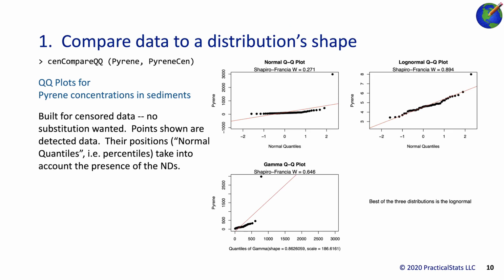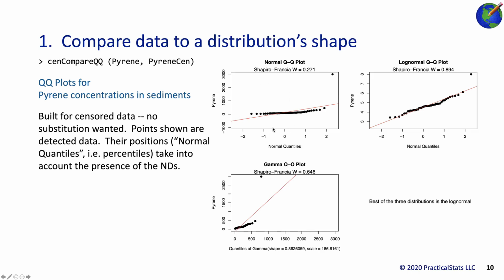It's plotting dark circles here for the detected values, but the positions of those on the plot are affected by the nondetects. So for example, if you had one detection limit down at the low end, and all the detected values were above that one limit, and let's say 50% of your data were less than 1 or less than whatever the detection limit was.